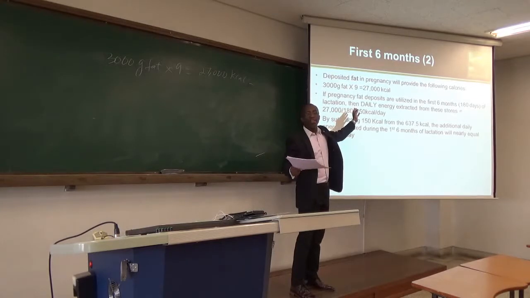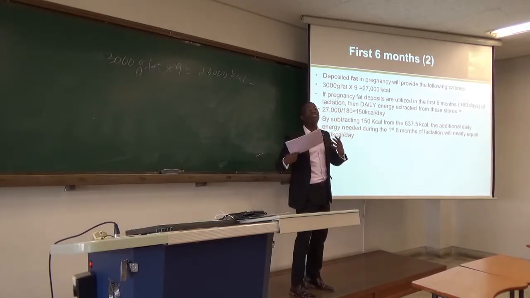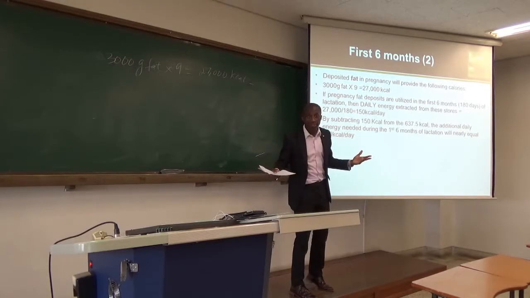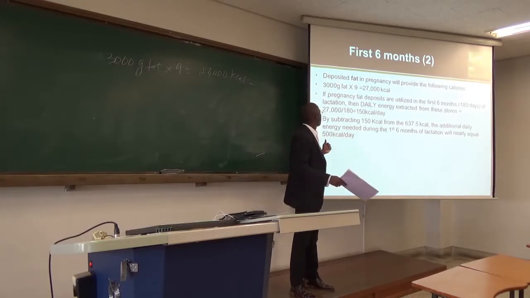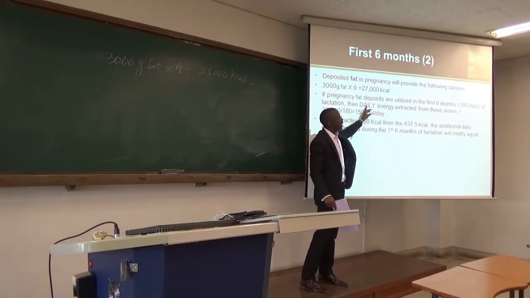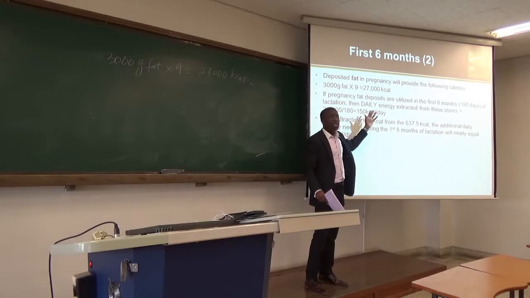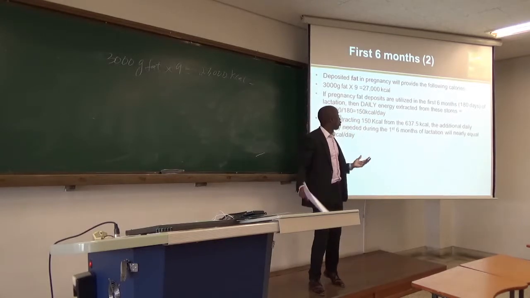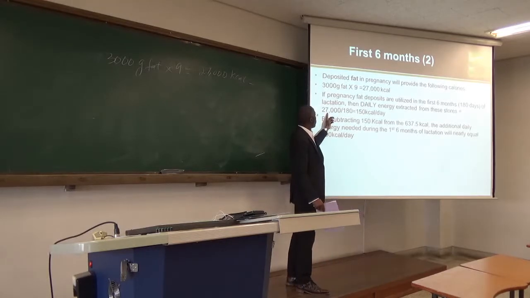180 days of lactation means that the mother is breastfeeding for 180 days, every single day. So the daily energy extracted from the stores, meaning energy removed from the mother, what is it going to be?